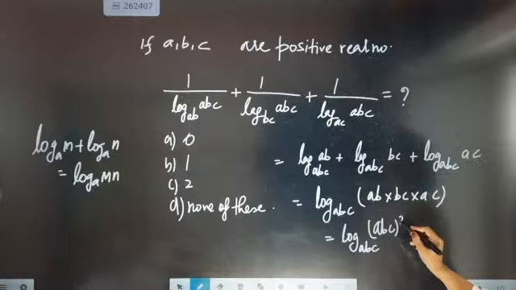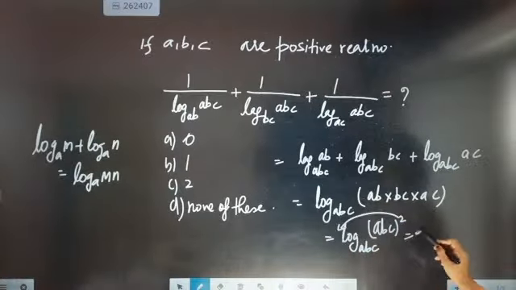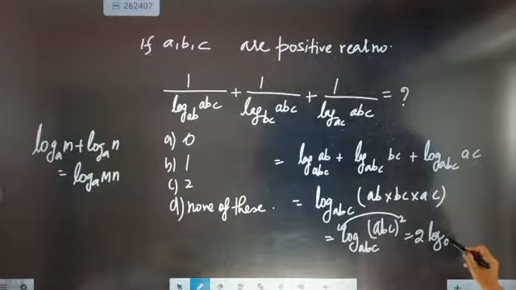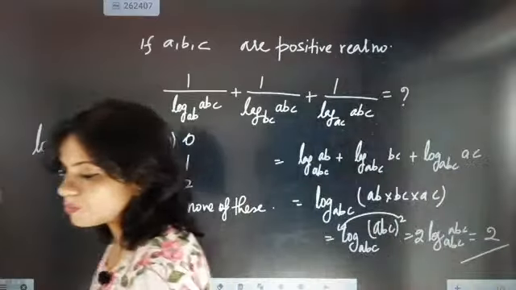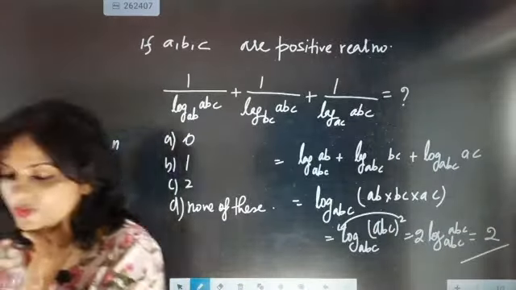Now another property of log: this 2 shifts in front, so it becomes 2 log base ABC of ABC. Now both are the same, so the answer comes to 2. Super performance, super.